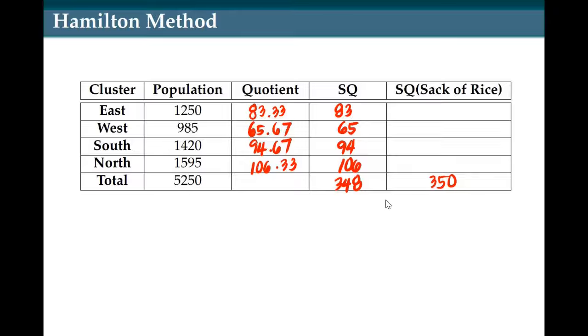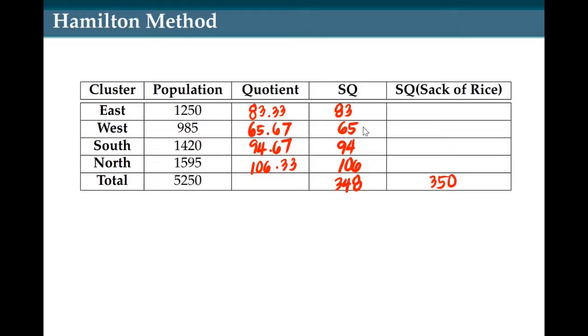So we will assign the remaining sacks of rice to the clusters with the highest decimal part in the quotient. From these quotients, the highest decimal parts are the clusters west and south.